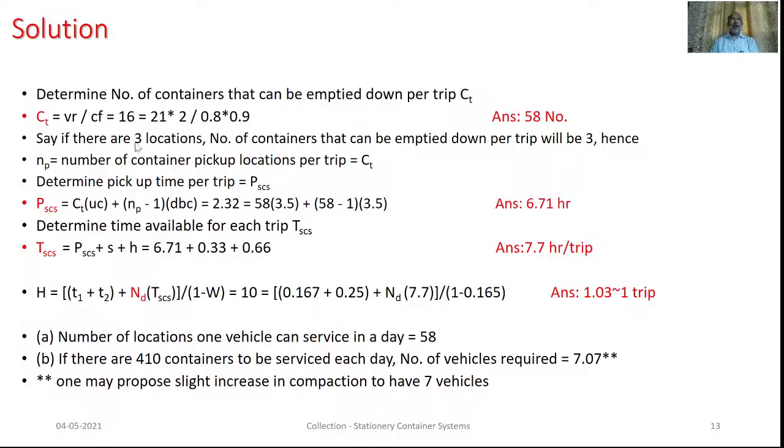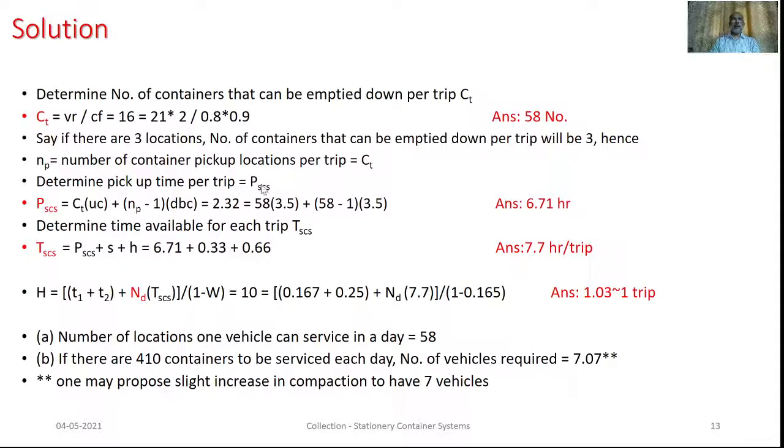Here again we are following a set of similar equations. Firstly, we have worked out the number of containers that can be emptied per trip as 58. Here, NP will be equal to CT because the average number of container locations per trip is just 1.